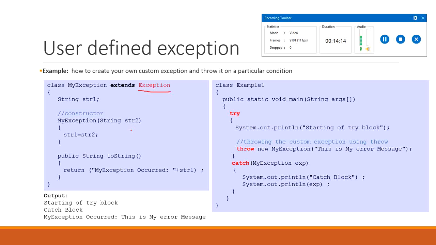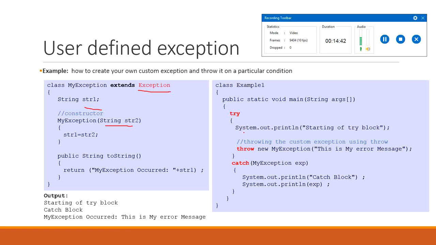In the first example, I'm using the parameterized constructor. In the next example, in the next slide, I will be using the parameterless constructor. So I have declared a string variable and a parameterized constructor, and I have initialized the variable. Then I am using the toString method to represent the string representation of the object.